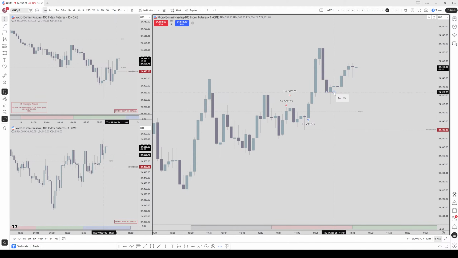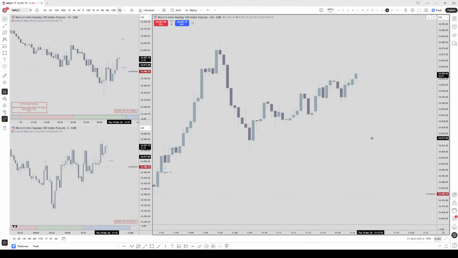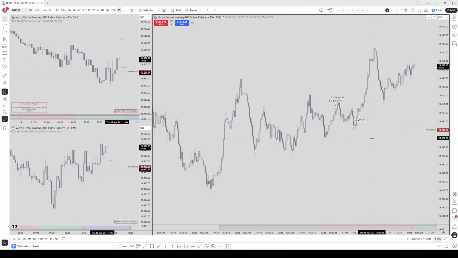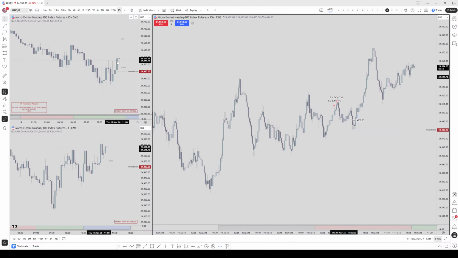I would have preferred if we had a stop hunt on the 1 minute, but right now I don't seem to have that. All we had was that we traded into discount. 15 minutes is showing bullish signals here.